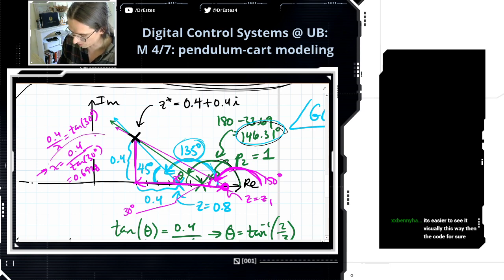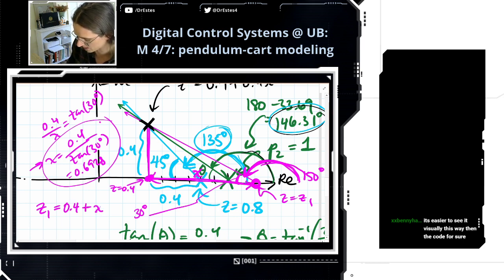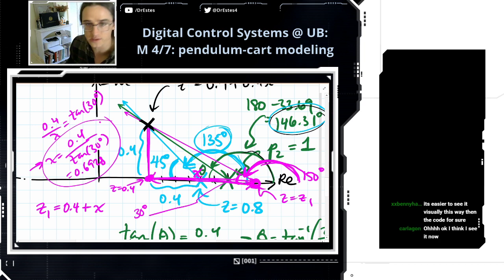So that's why I'm solving this trig problem for this distance x. So this means z1, because at this point of the pink triangle, z is equal to 0.4 here. So z1 is 0.4 plus this distance x, because that brings it over to this point z1.